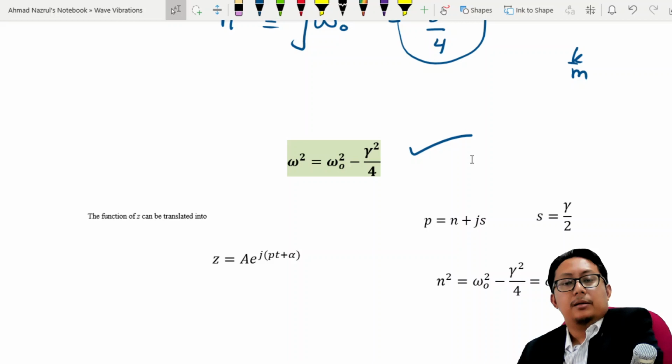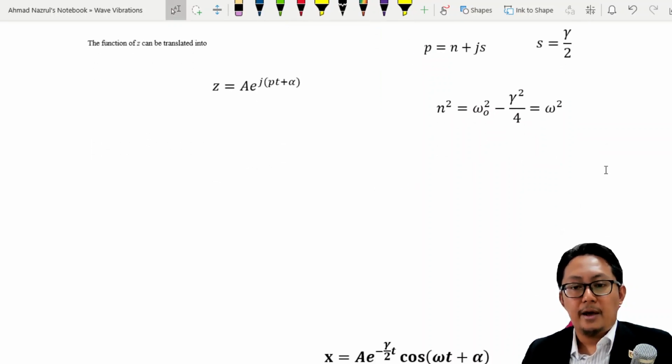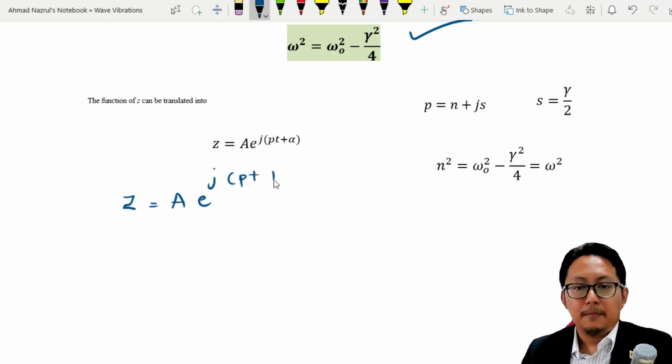We need to find the equation of motion for the mass spring system. Since we are using z here, we have z equal to A exponential j(pt plus alpha). And we know that p is equal to n plus js. So we have A exponential j(n plus js)t plus alpha.